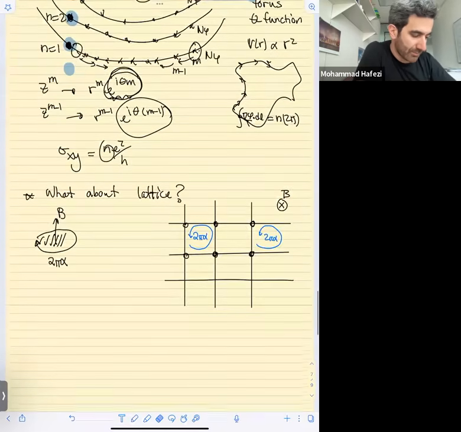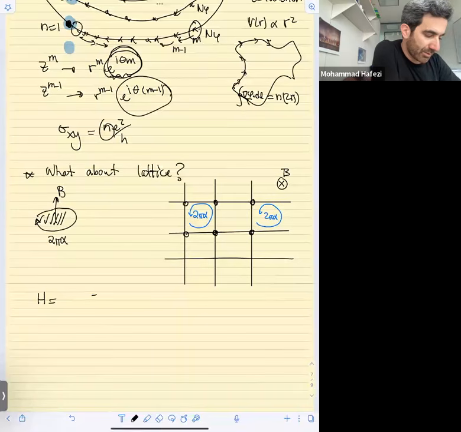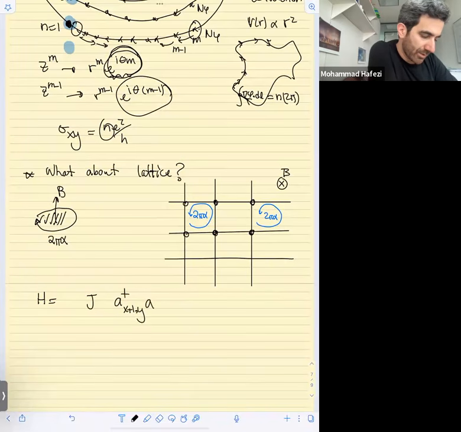So, very similar to just the 2D without magnetic field, I would like to write a tight binding model where my electrons are hopping either in the X or Y direction.